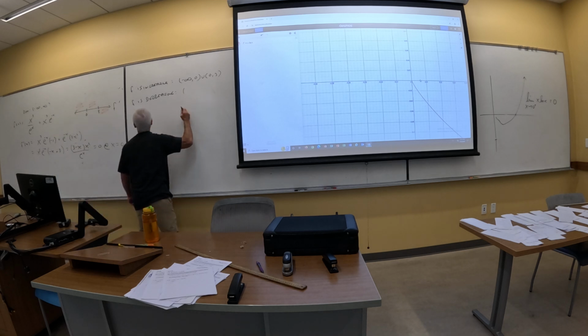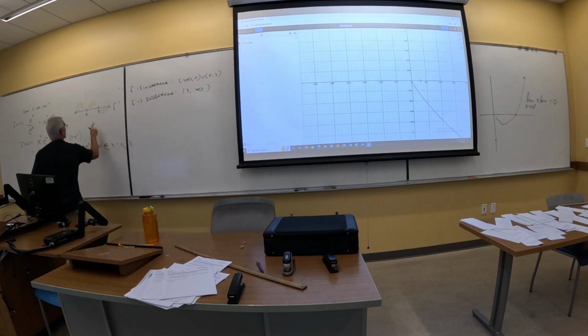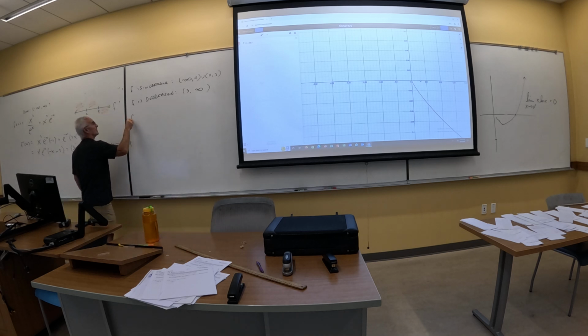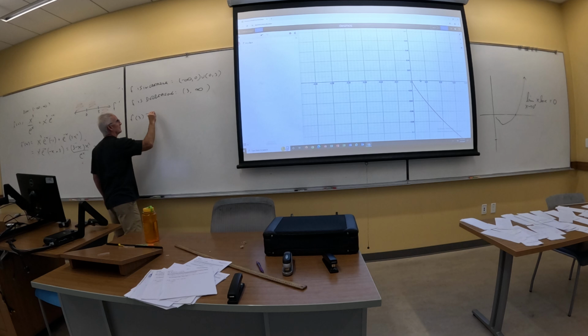And I'm decreasing from 3 to infinity. You said I changed direction once, and it's right here. So f of 3, which equals what? F of 3 is 27 over e cubed. That's not a very big number, by the way.